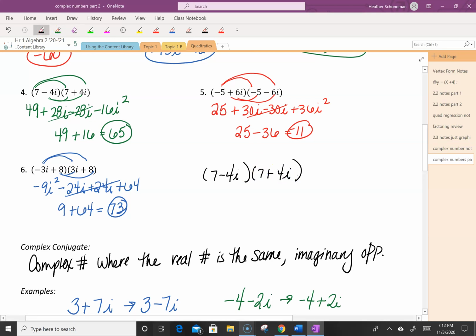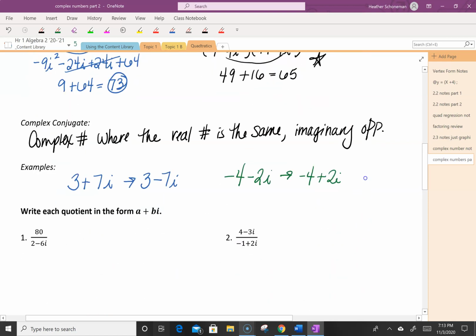We have a little shortcut because we know the middle term is going to cross out. So my shortcut is I'm going to take 7 times 7, which is 49. Negative 4 times 4 is negative 16. i squared is negative 1, so it's really positive 16. And then I can add those together and get the 65 and don't have to do all the work.